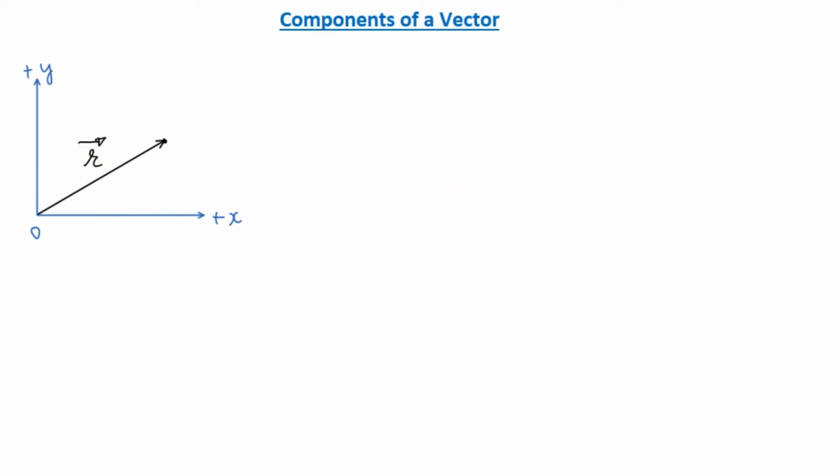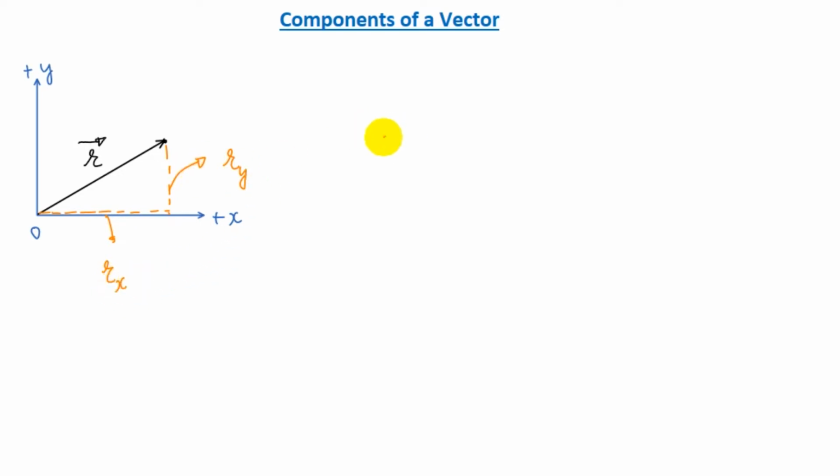Now if you observe carefully, you can see that you travel some distance in x direction and some distance in y direction. So this would be the distance that you traveled in the x direction, and this distance you traveled in the y direction. Let this be ry and let this distance be rx.